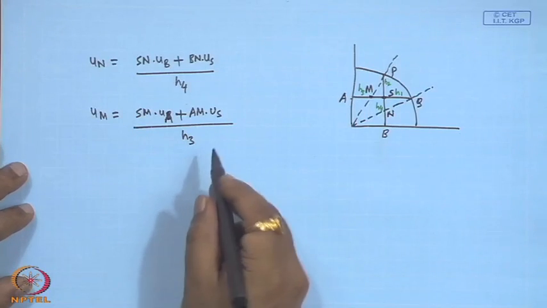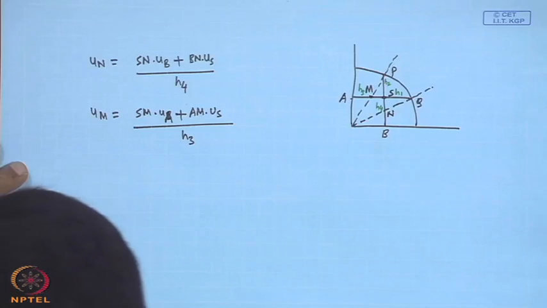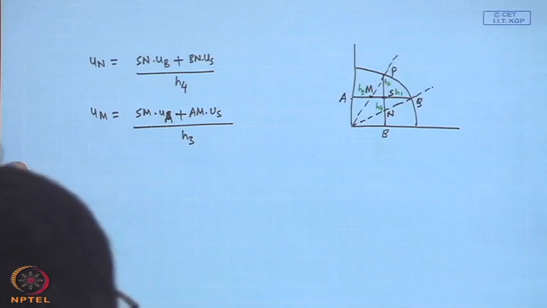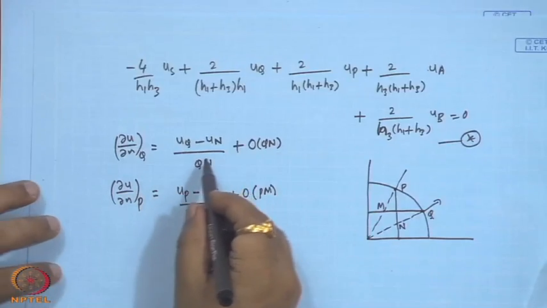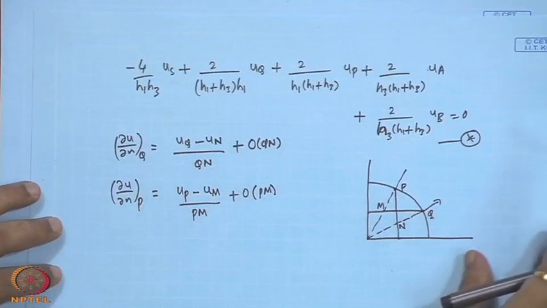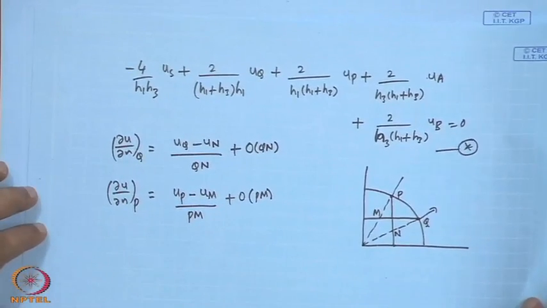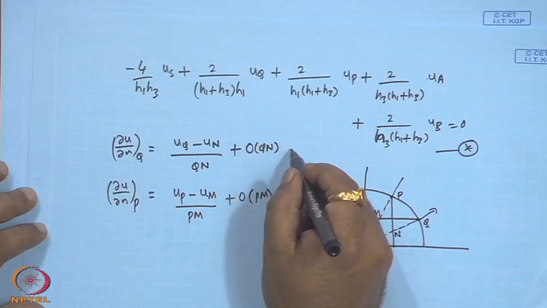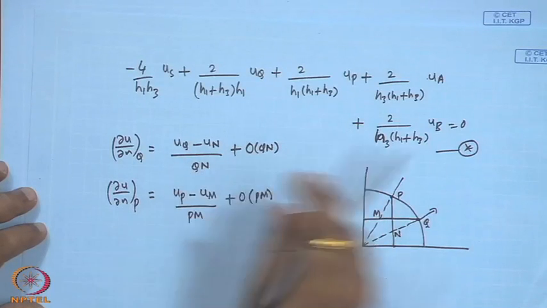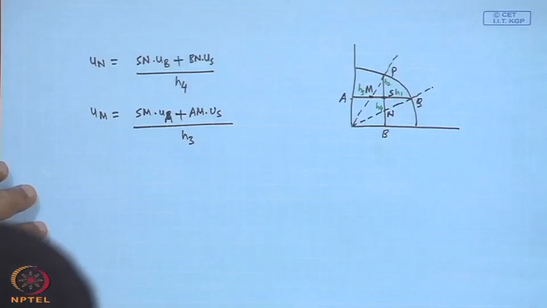So, now these values, we have computed in terms of the existing grid points, the derivatives. Since the derivative boundary condition is prescribed, we can explicitly get an algebraic equation.